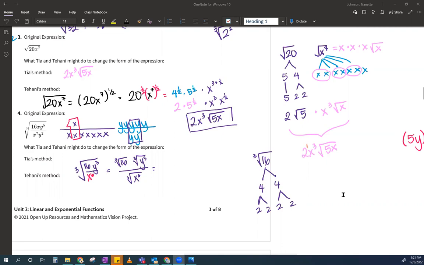So I'm going to circle this set of 3 right here, and this guy gets to go on the outside because I have a complete set. What happens to this 2?